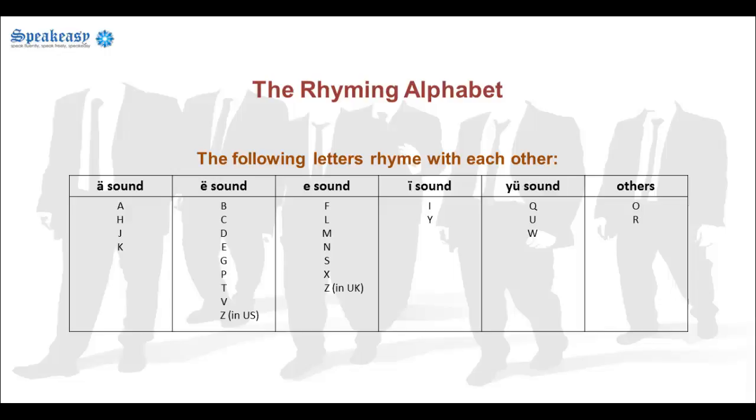The short E sound: F, L, M, N, S, X, and Z as it's pronounced in the UK. The long I sound: I and Y, and the long U sound: Q, U, and W. There are two letters that do not fit into any of these categories, and those are O and R.